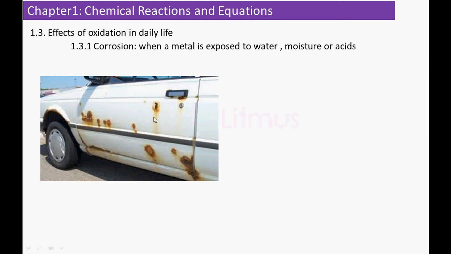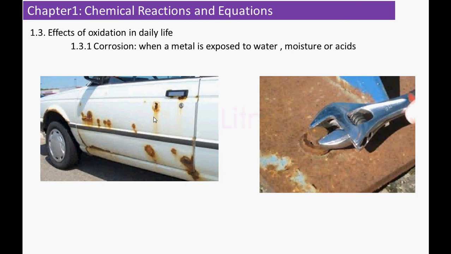See how paint helps you avoid corrosion. When the paint is there, then moisture or water doesn't come into contact with the iron in the car body, and it avoids any kind of oxidation. So paint avoids corrosion.